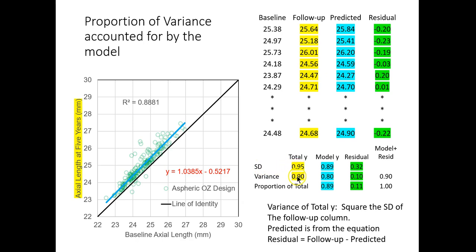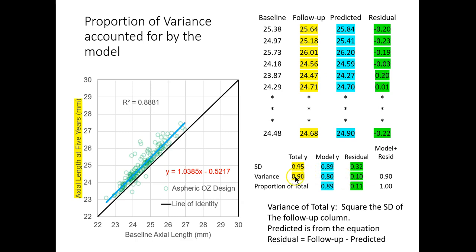Square that, you get about 0.90. The predicted values, if you look at all of them, come up with a standard deviation of 0.89. You square that and you get 0.8. All the residual values, if you calculate the standard deviation, it's 0.32. Squaring that is about 0.1.